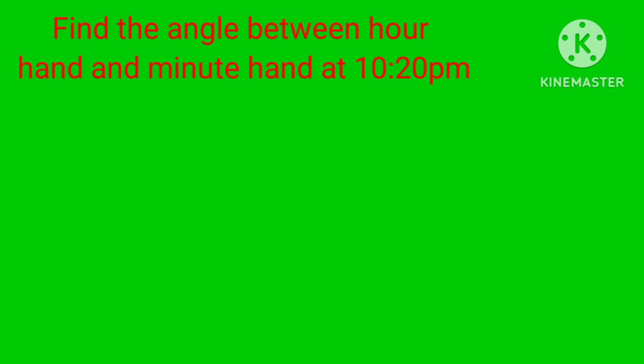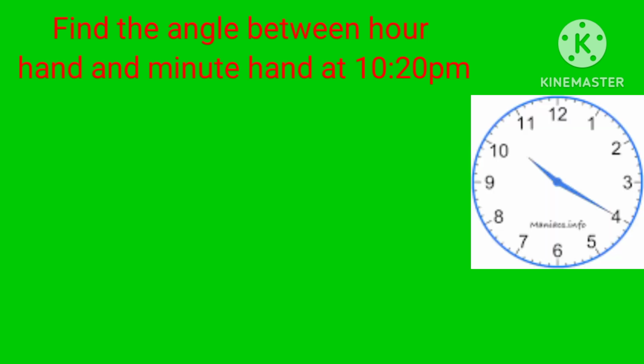Let us take one more question of another type. The question is, find the angle between hour hand and minute hand at 10:20 p.m. Here in the clock the hour hand is not exactly at 10 but somewhere in between 10 and 11, and the minute hand is not at 12 but it is at 4.